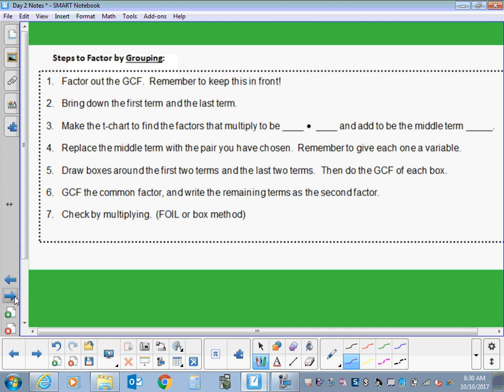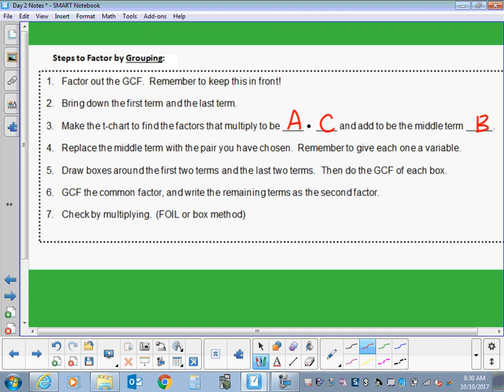Number 3, it says make a T-chart to find the factors that multiply to be A and C and add to be the middle term, which is B. Okay.